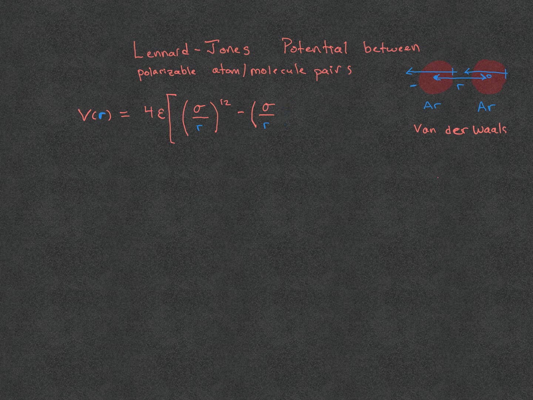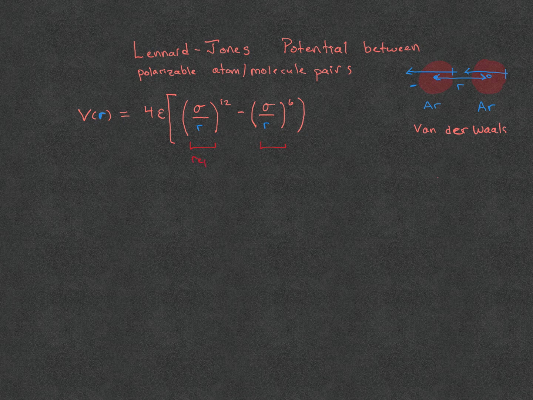So, I basically have these two terms within this bracket: sigma divided by r, that whole quotient raised to the 12th power, minus sigma over r, that whole quotient raised to the 6th power. Okay, so basically we have two pieces here.